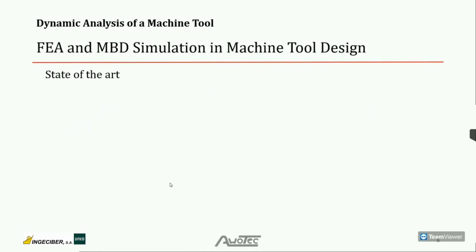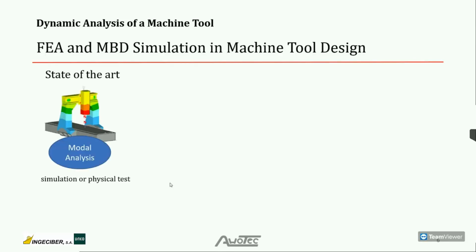So let's have a look at the state of the art in machine tool design or machine tool analysis. Most often the so-called modal analysis is used. The modal analysis shows the eigenvalues and eigenvectors of a system.